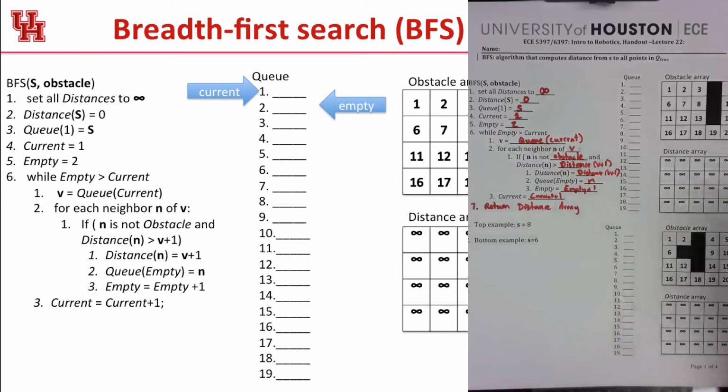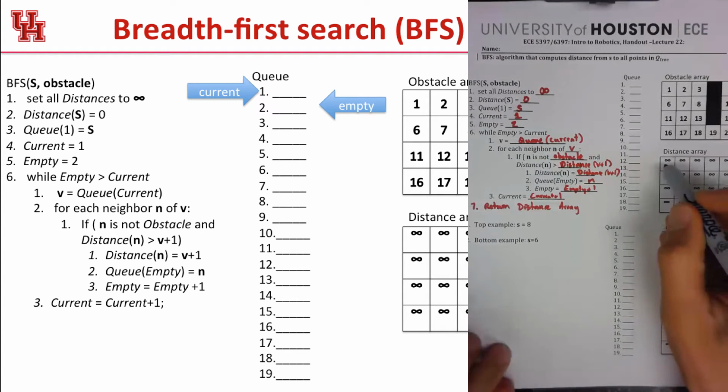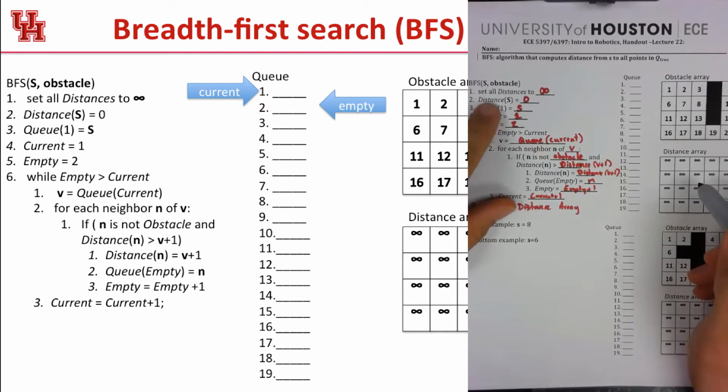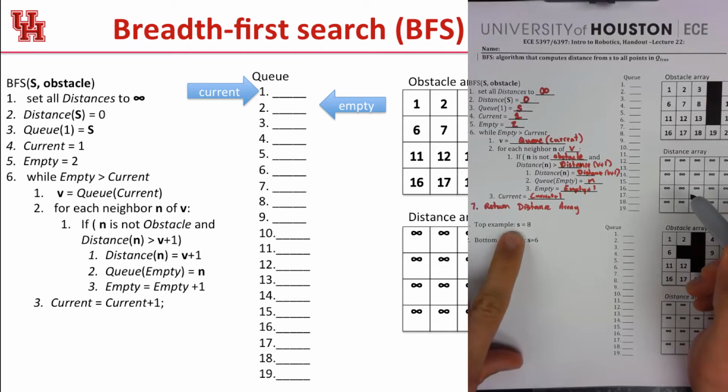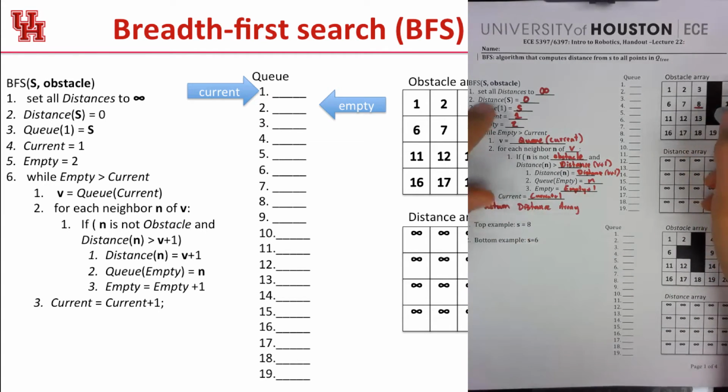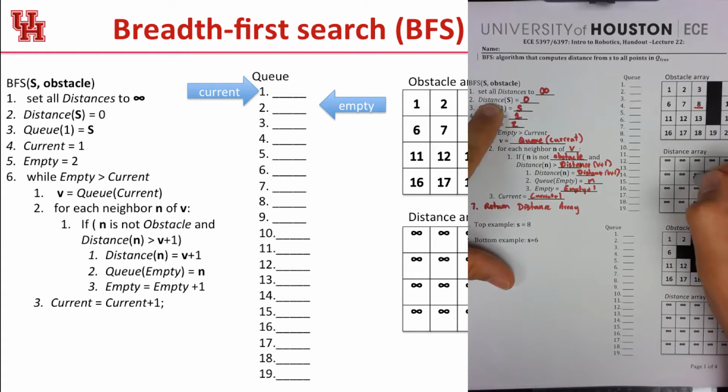So let's do an example where we start. I've already helped you out by setting all my distances initially to infinity. Then let's assume that my starting node is 8. So my first thing that I do is I set my distance to 8 to be 0. So it's no longer going to be infinity, it's going to be 0.